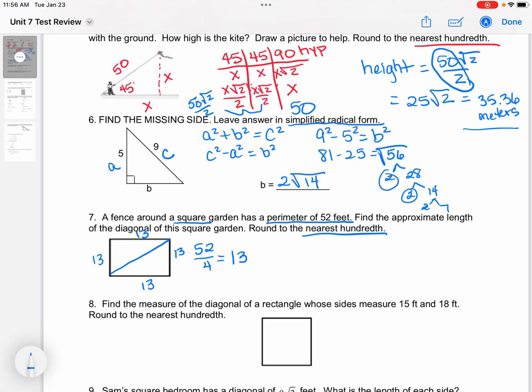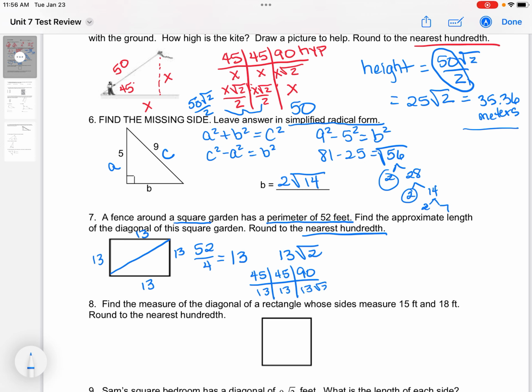All right. So, because it's a square, it's a 45, 45. So I'm going to end up with 13 times the square root of 2, because I'm going to do my 45, 45, 90, because it's a square, I can do that.